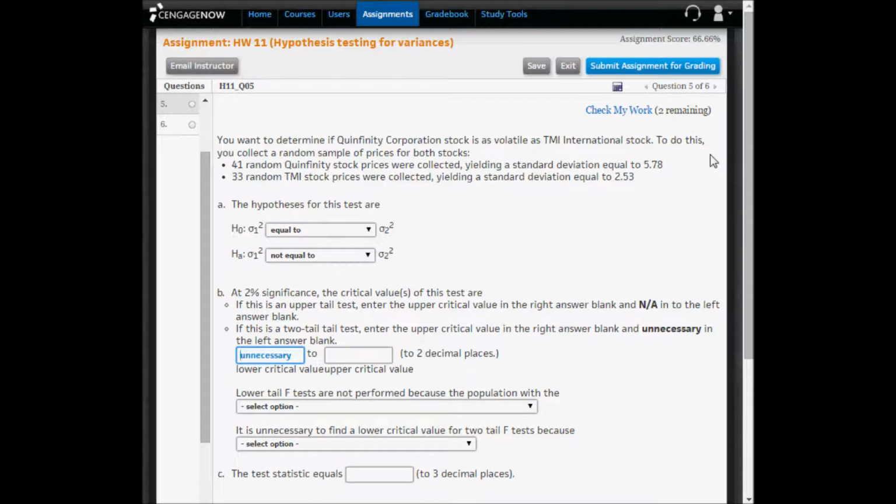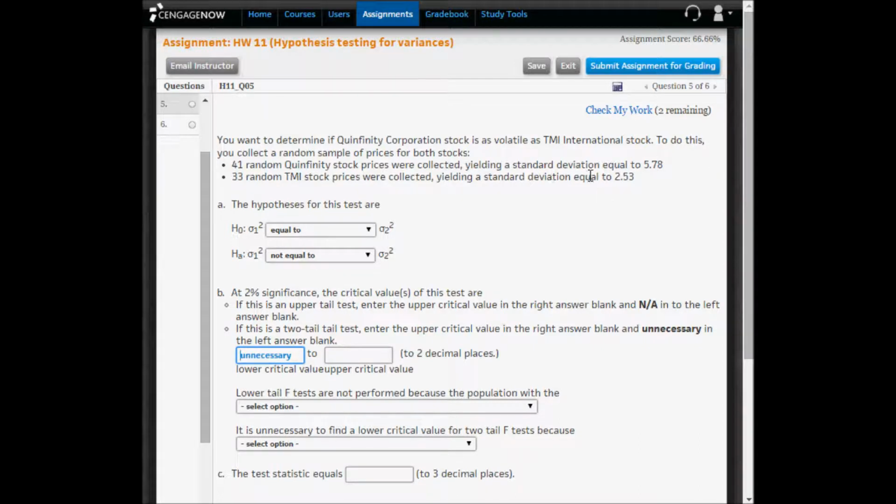And the reason for that is because for an F test, population 1 is determined by when the two sample variances are compared. Population 1 always corresponds to the larger sample standard deviation.